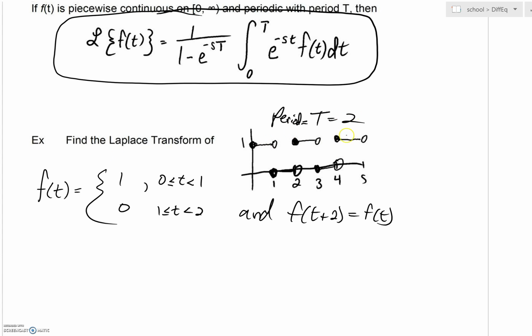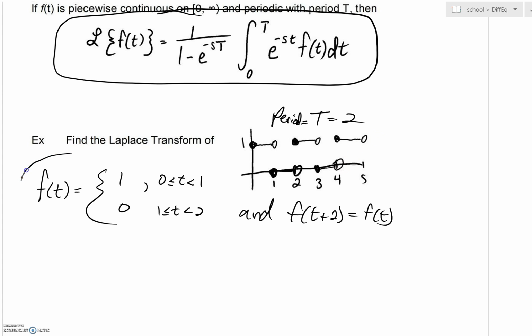So let's look right here. Finding this Laplace transform, you can see we have a step function that is in fact periodic. You start with a y value of 1 until you get to x equals 1, and then it drops down to 0. It'll be 0 from 1 to 2, but then we'll elevate again, going up to a y value of 1 from 2 to 3. Right after that, we drop down from 3 to 4, and so forth.